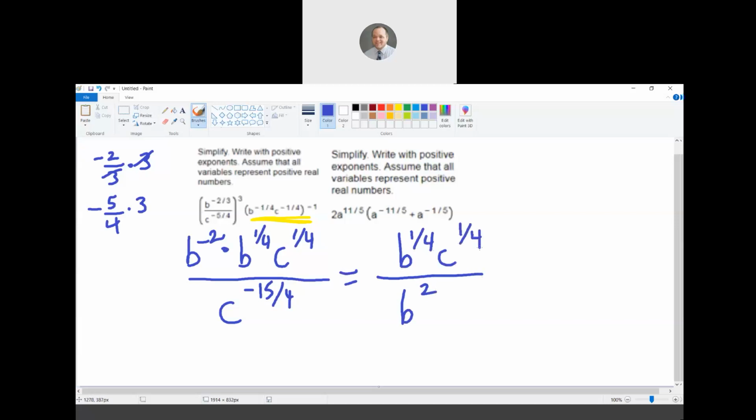And the c to the negative 15/4 power moves to the top, and it becomes c to a positive exponent. Now, to simplify the b's, use the quotient rule. So we'll subtract the exponents, 2 minus 1/4.